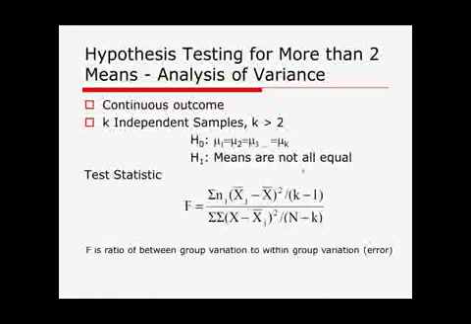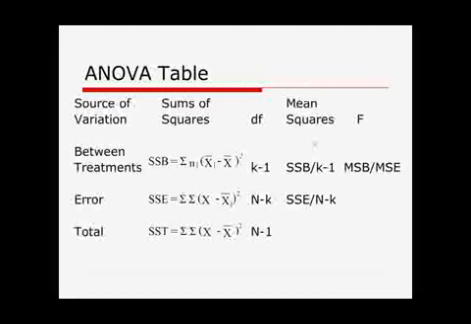Now the formula gets complicated because for each sample, each group, we have a sample size, we have a sample mean, we have variability, so it does get quite complicated when you do these formulas. But analysis of variance is a technique that's used to compare means of a continuous outcome in more than 2 groups. Okay?